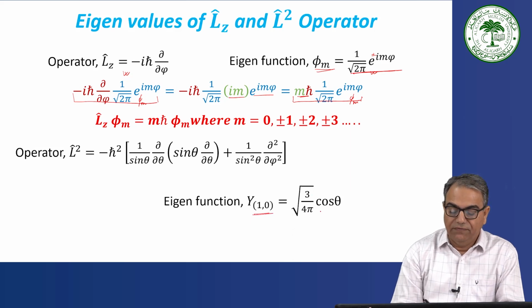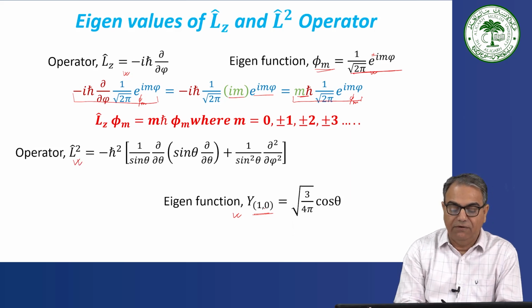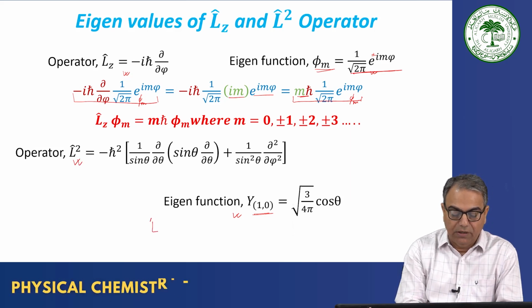Okay. So if this is your eigenfunction and this is your operator, then you operate with this operator on this eigenfunction and you try to find out L square Y10.